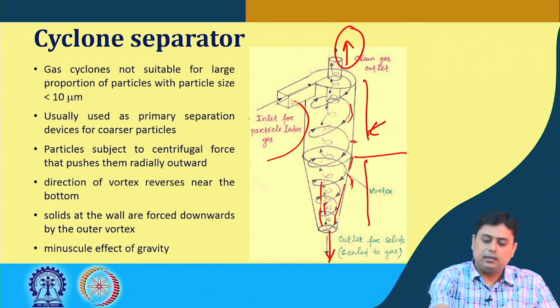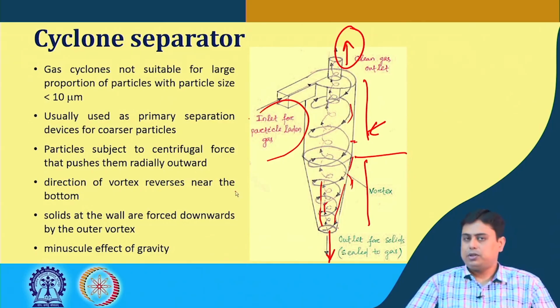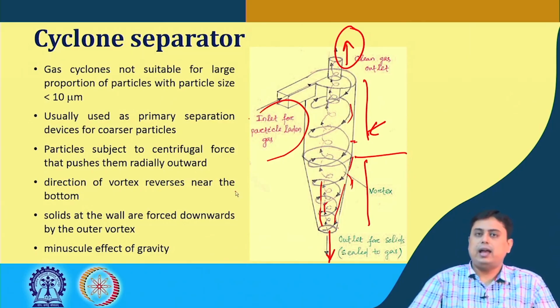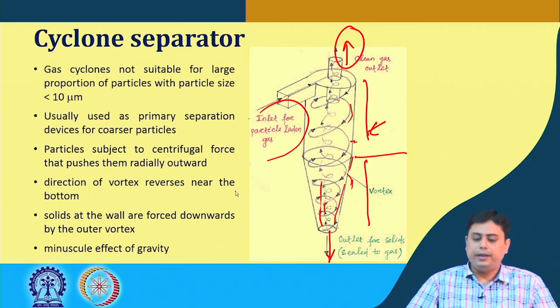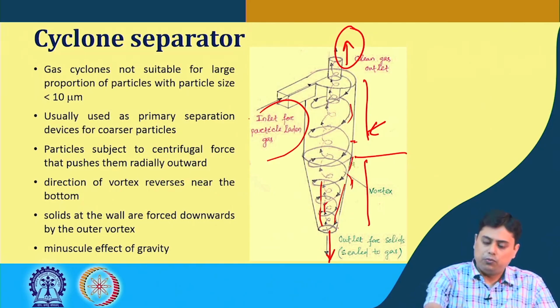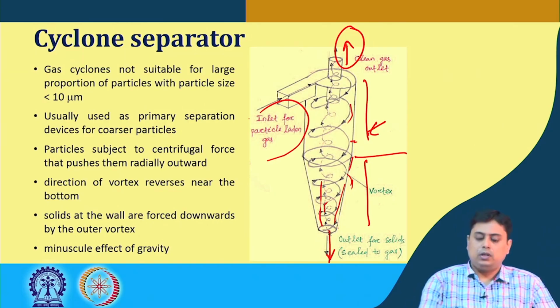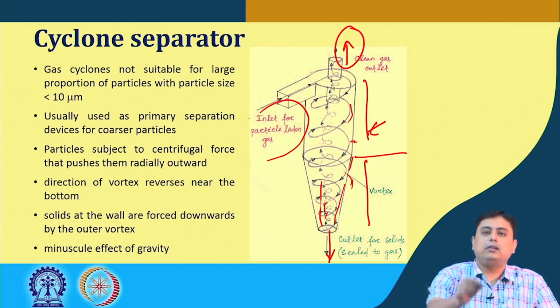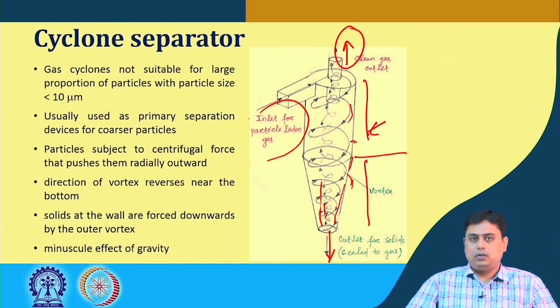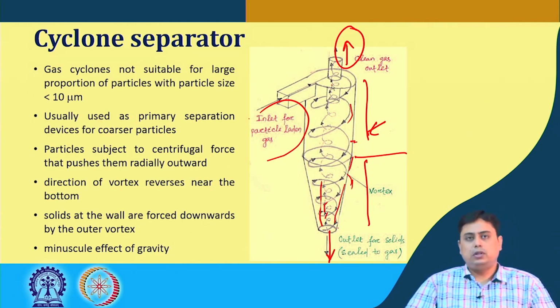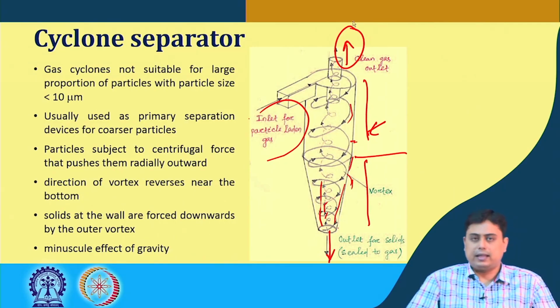The particle laden gas for gas cyclone operation comes in at a very high velocity due to tangential input. It creates a free vortex inside the cylindrical section, then it moves toward the conical section. There it changes its direction, it loses its strength, and it creates an inner vortex, and the gas phase escapes through the gas outlet.